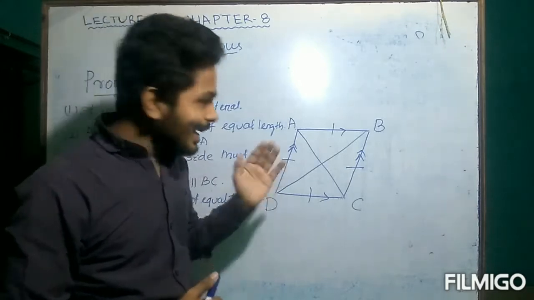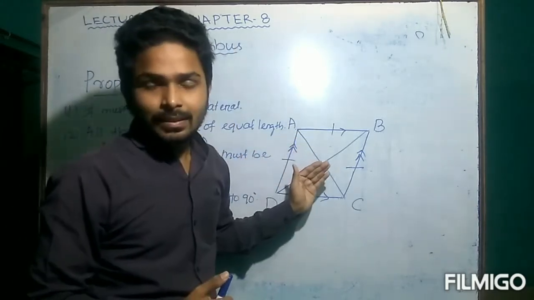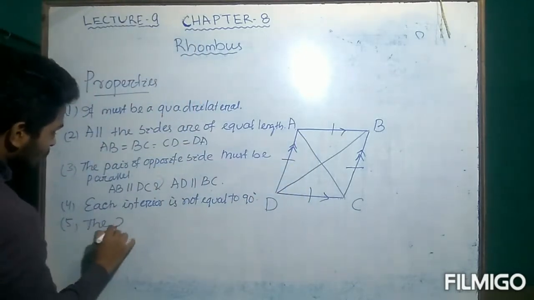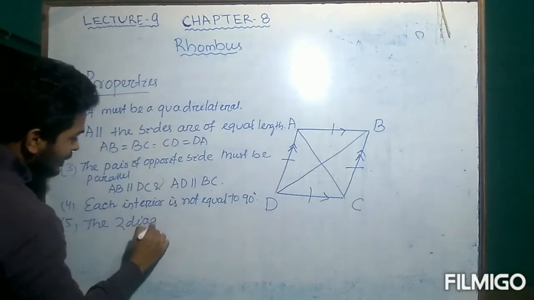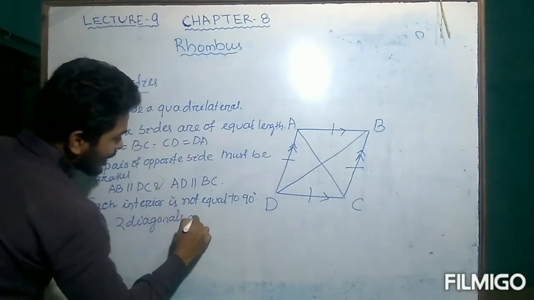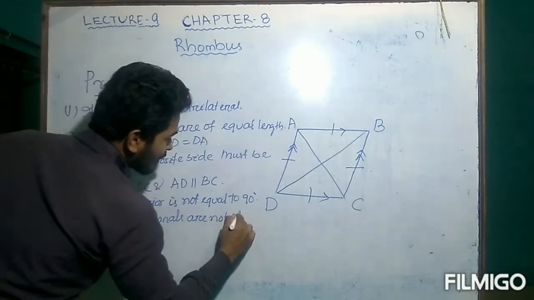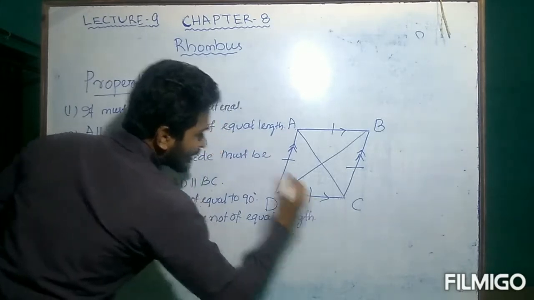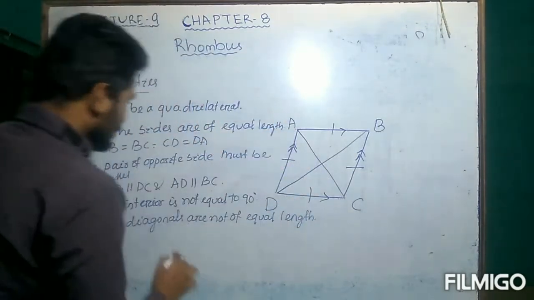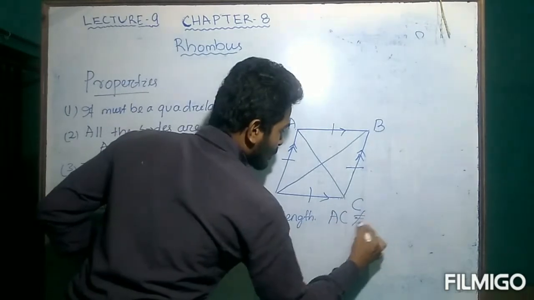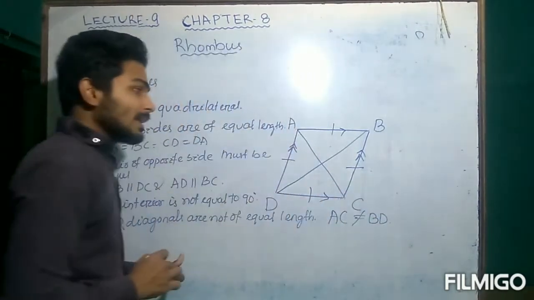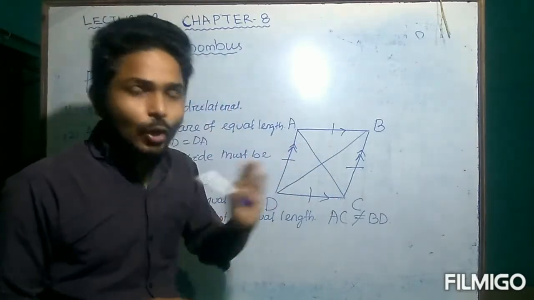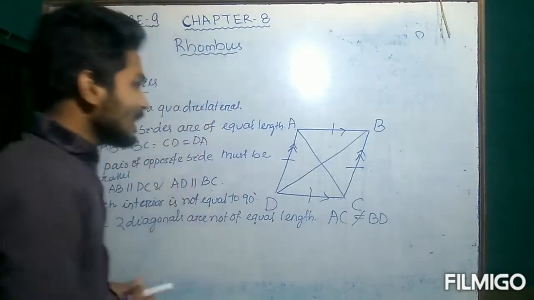No. In a rhombus, the two diagonals are not of equal length. It means AC is not equal to BD. But in a square, both the diagonals are of equal length, whereas here they are not.